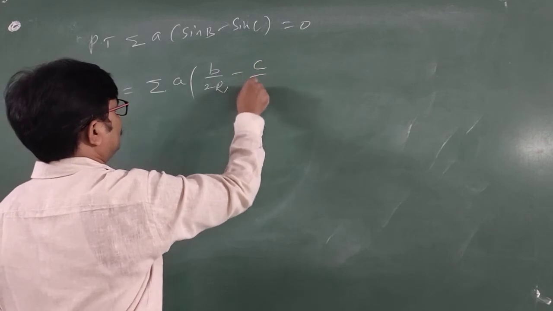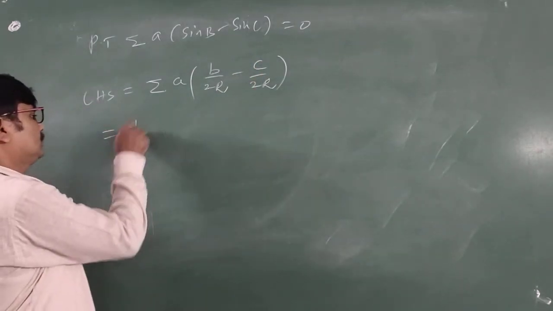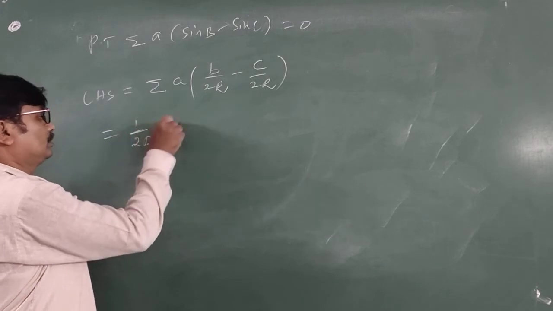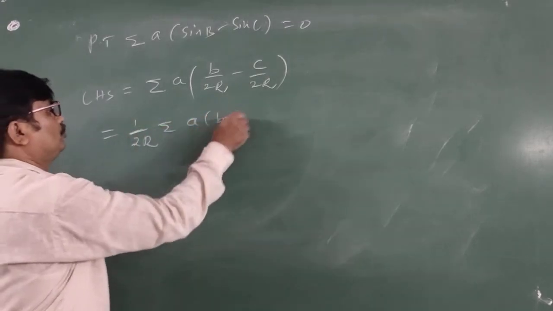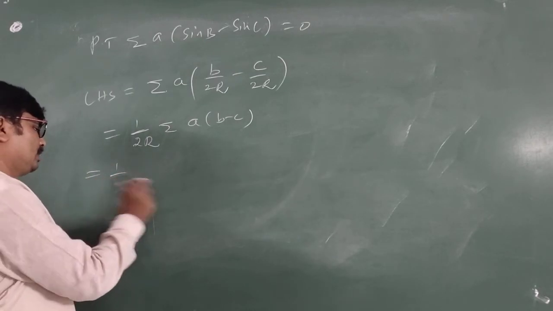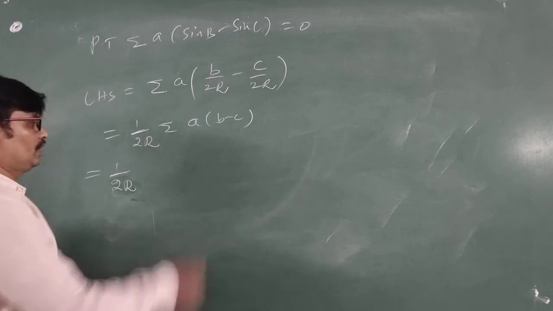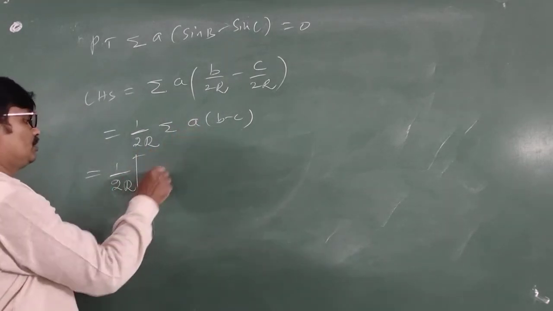Sin C is, students, c by 2R. Is it clear? So students, 1 by 2R, so this is a into (b minus c). So dear students, 1 by 2R is not cyclic, we can write it outside of the sigma. Now students, we can remove sigma.